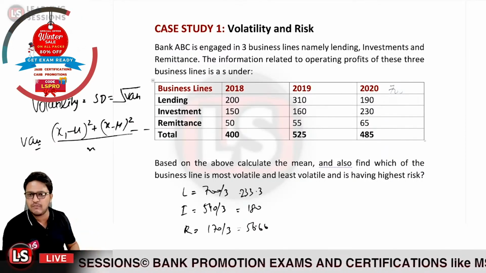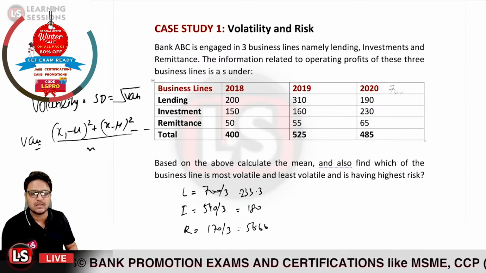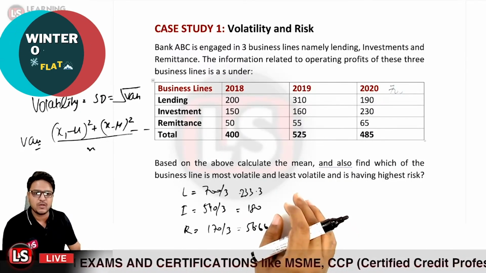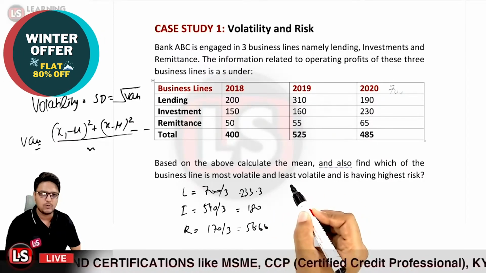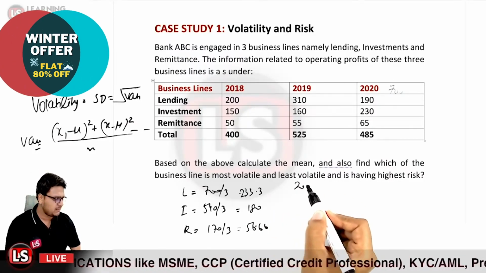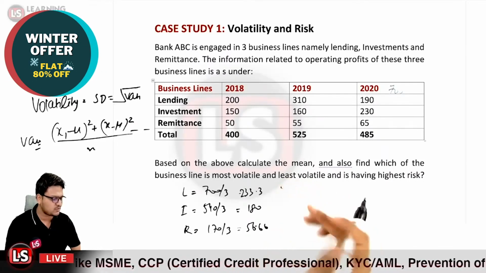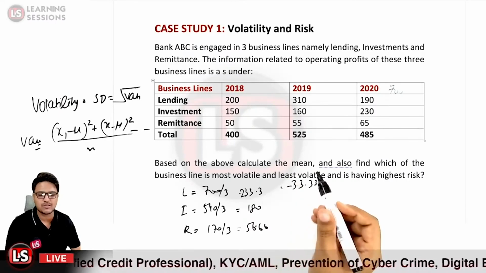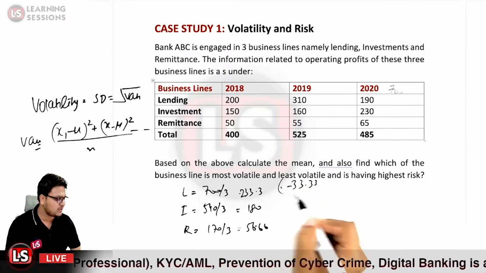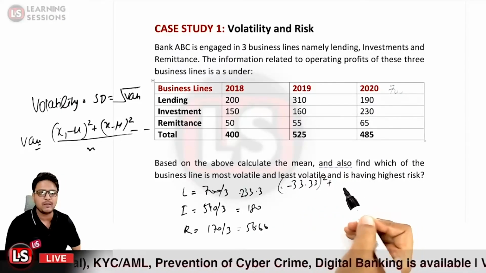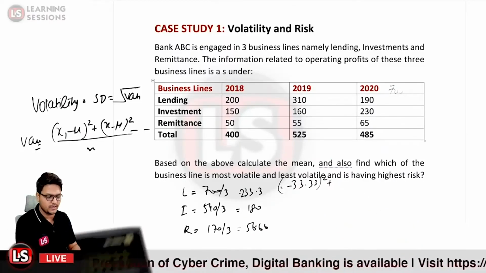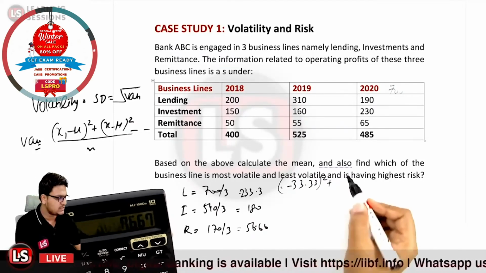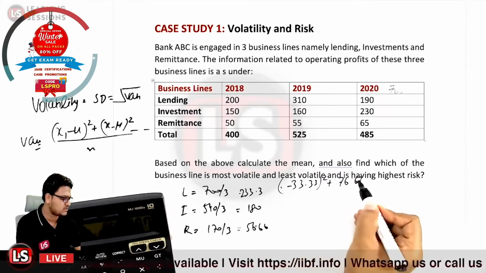I'll be solving one part for you and you will be solving the others. So let us take the case of lending. It will be equal to 200 minus 233.33, that is minus 33.33, and square of that, plus 310 minus 233.33, that is equal to 76.67 squared.